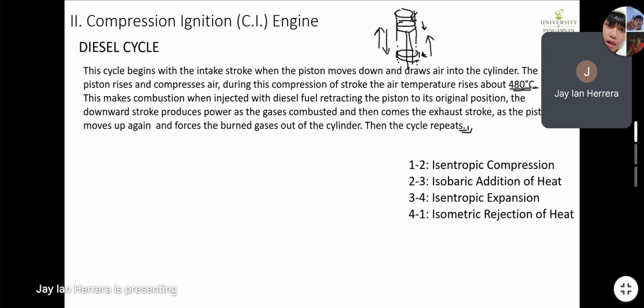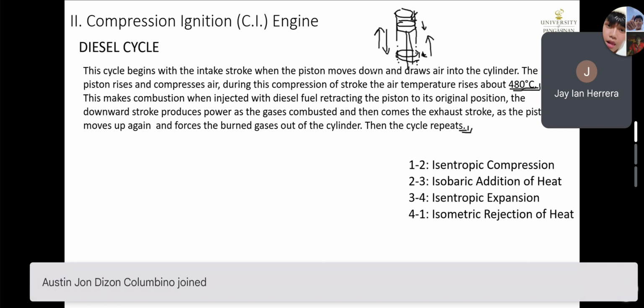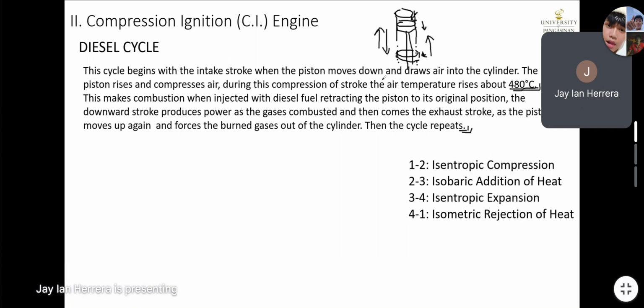Kaya tinawag siyang compression fuel, kasi kailangan mong i-compress yung air to the point na iinit yung air, na ma-reach niya yung temperature para ma-combust yung diesel. Ayun lang, fun fact. Try nyo, punta kayong mga gasolinahan, ang Petron, tapos bili kayo ng diesel. Sindihan yan, hindi yan nag-aapoy.